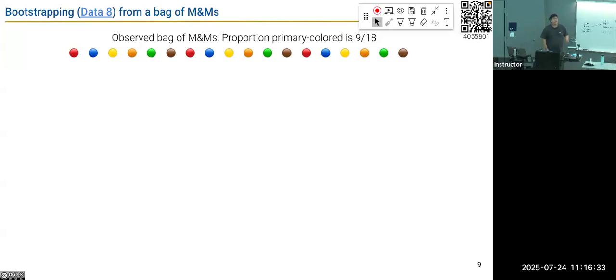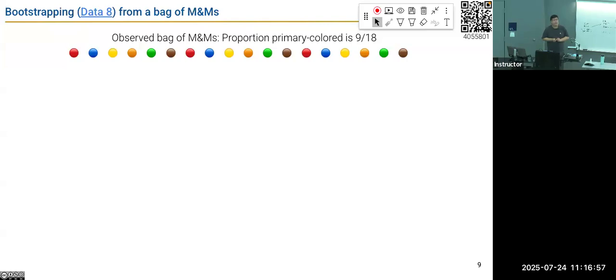An idea you have seen in Data 8 is called bootstrapping. This is our main focus of the day. One simple example of how bootstrapping works: say I'm interested in saying something about the company that makes M&Ms. So I buy a bag of M&Ms.